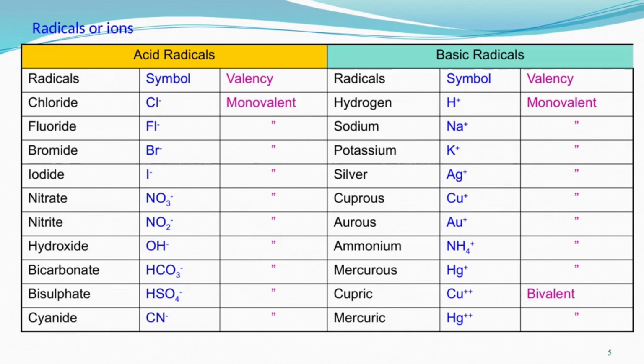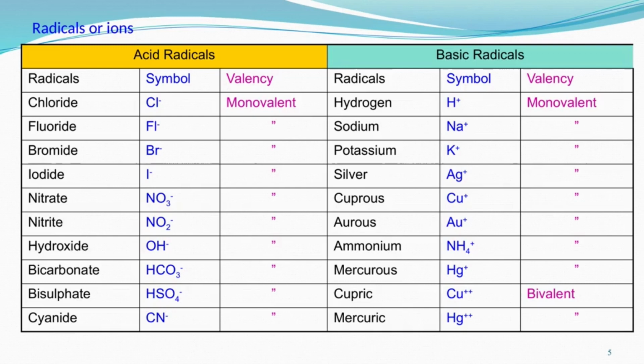In compound basic radicals only ammonium is a compound basic radical, otherwise all are simple positive basic radicals. Mercurous Hg plus, cupric Cu 2 plus and mercuric Hg 2 plus are bivalent. So monovalent and bivalent we have discussed.